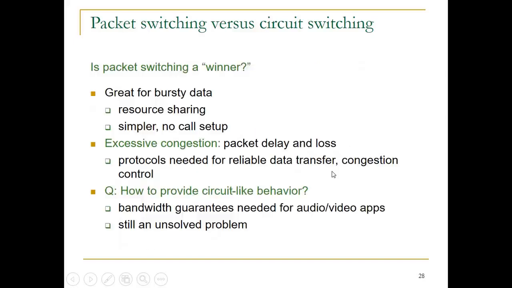In other words, packet switching is a winner. Great for bursty data, resource sharing, simpler, low cost setup, excessive congestion though, packet delays and losses, protocols needed for reliable data transfer, as well as congestion controls.